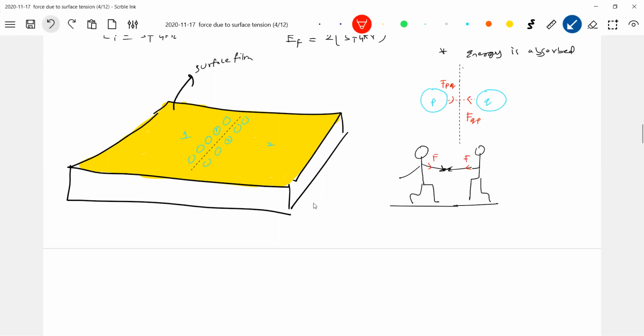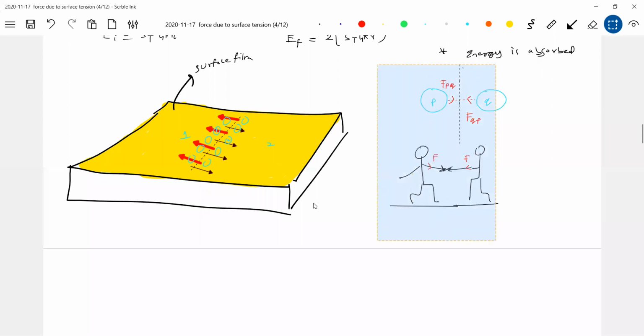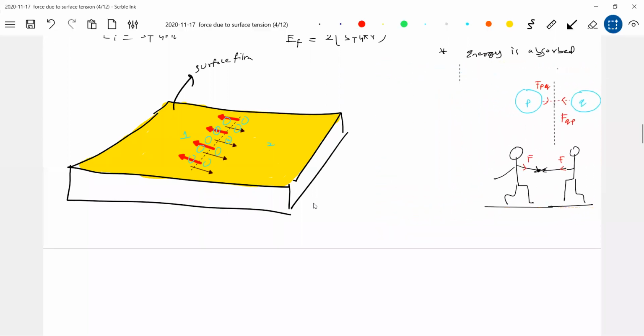So therefore in the books they have shown it like this. What is this arrow? What should I call it? Any name for this arrow? What is this arrow?